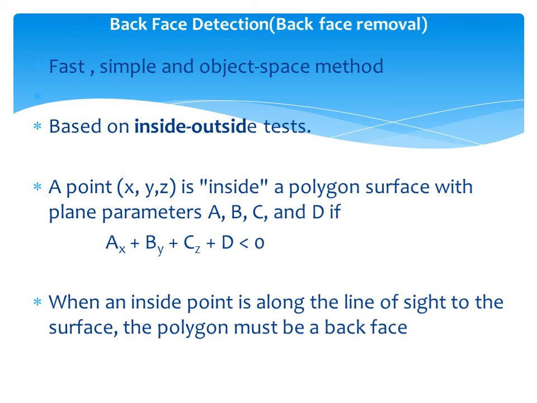Let us consider a three-dimensional polygon surface. To check whether a point (x, y, z) is inside the polygon surface, the polygon equation Ax + By + Cz + D must be less than 0. When an inside point is along the line of sight to the surface, the polygon must be a backface.